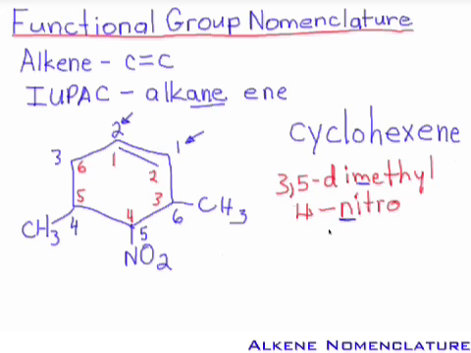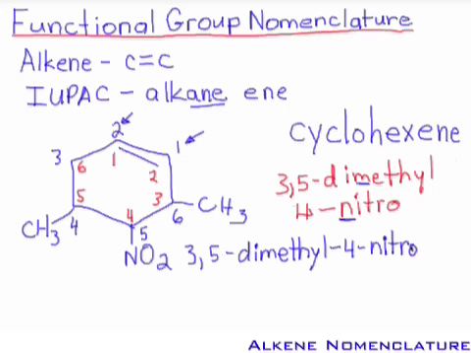M comes before N, so this should be 3,5 dimethyl, 4 nitro, and then 1 cyclohexene.